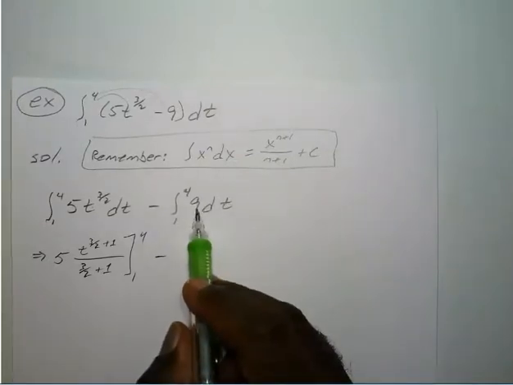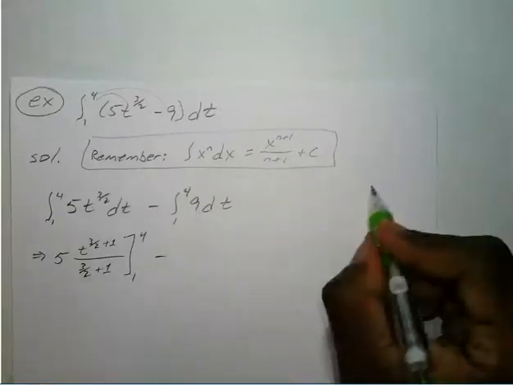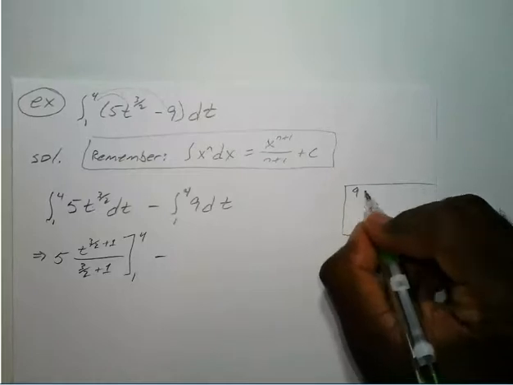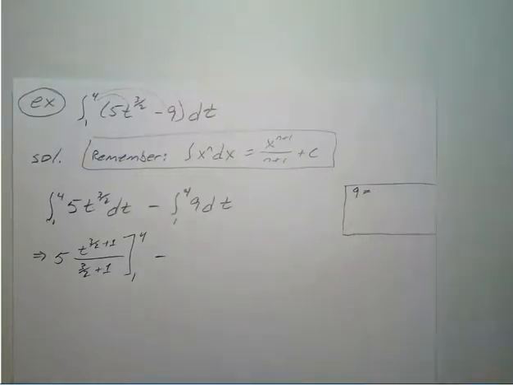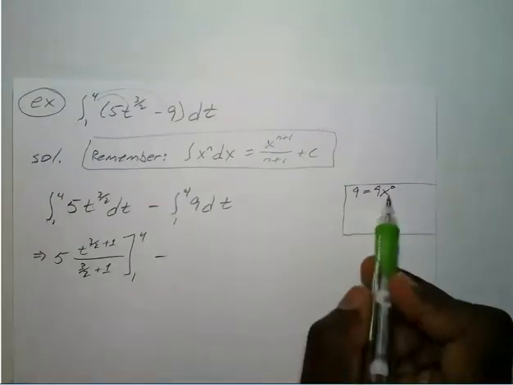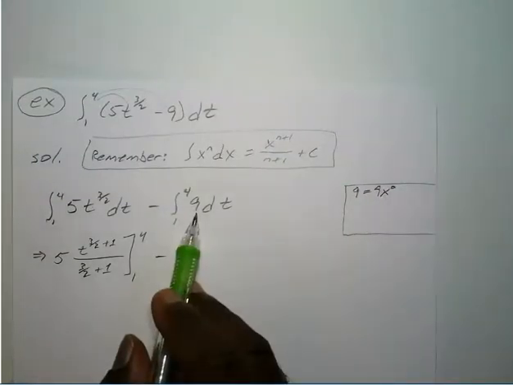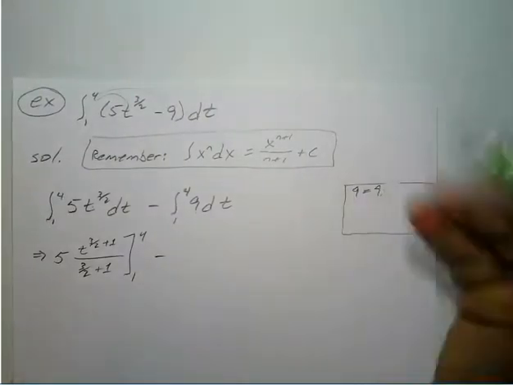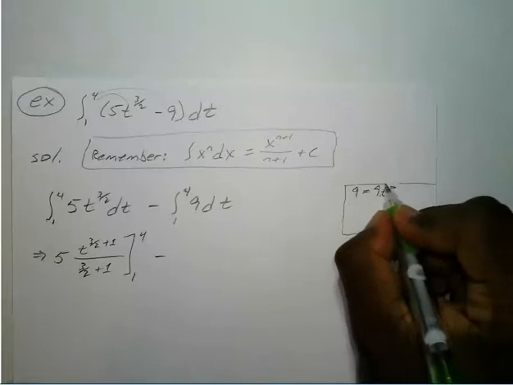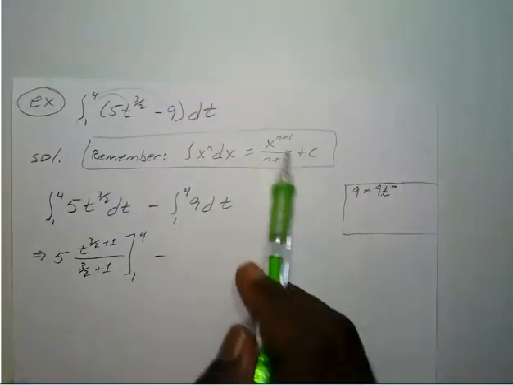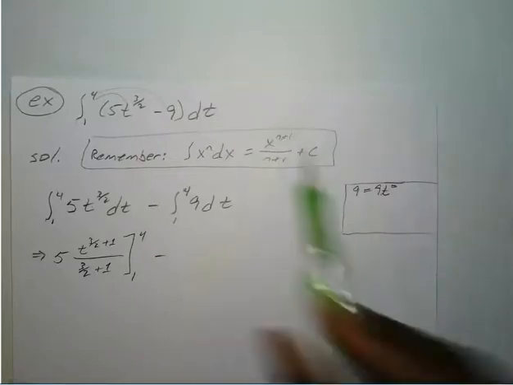minus the integral of just a constant 9 will end up being 9t. And I'll show you why. So 9, remember anything raised to the 0 power is just 1, so we can make that 9 times t to the 0 power if we wanted to. So if we take the integral of this, remember you're raising that t to the 0 power and you're adding 1.